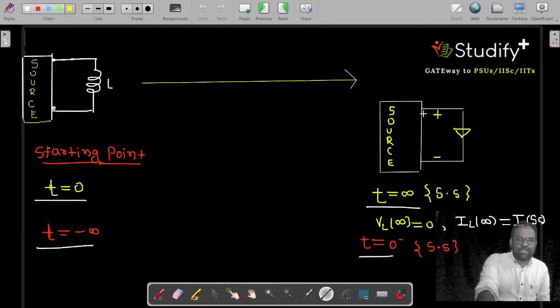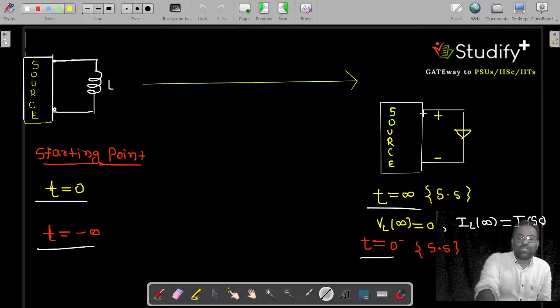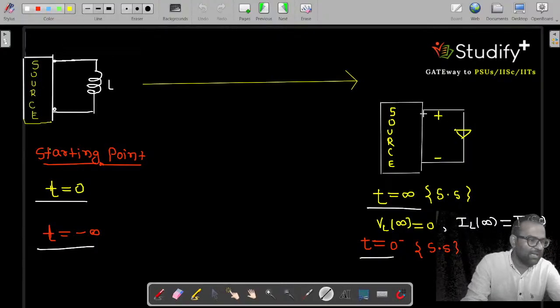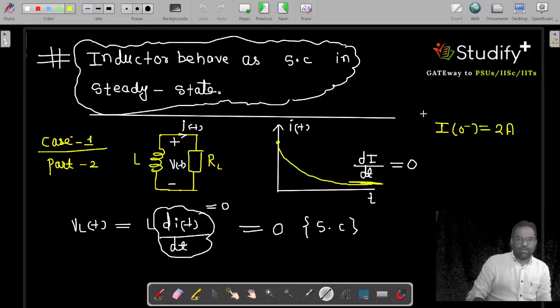Another case is that this nature is true whether you are charging your inductor or discharging your inductor. In both cases it is true.